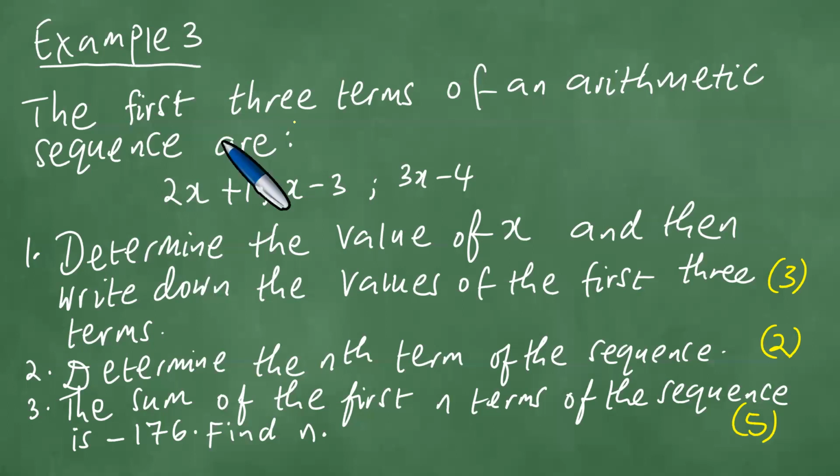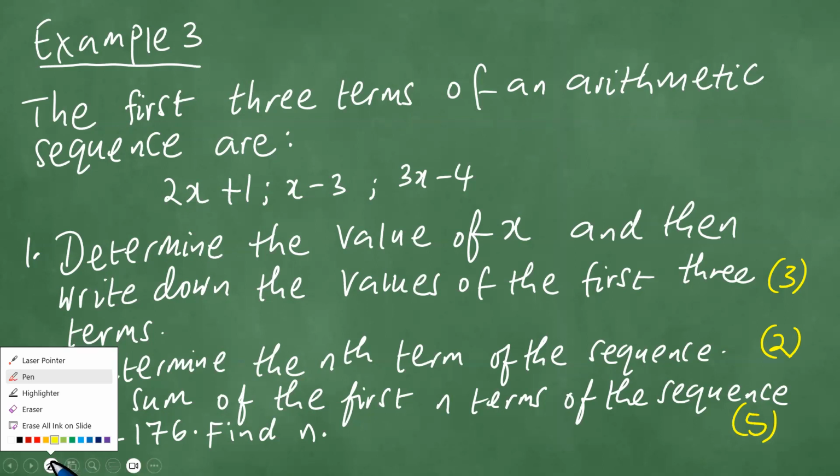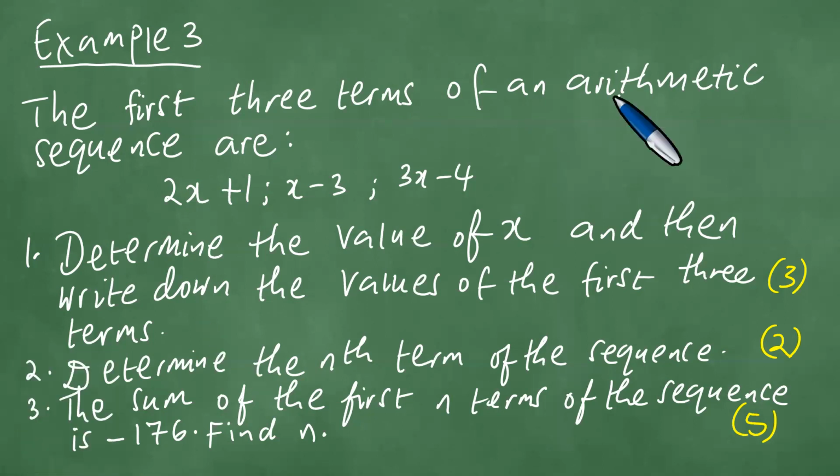So now, the first 3 terms of an arithmetic sequence are the ones given.